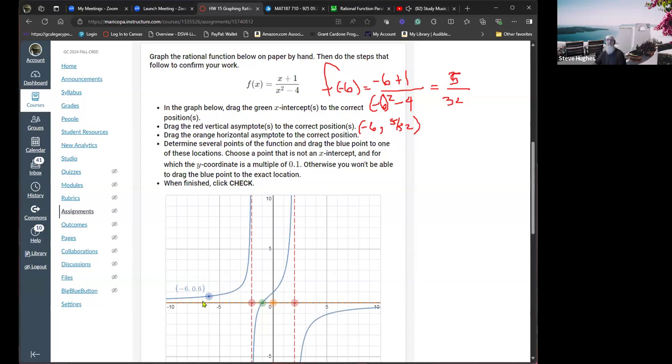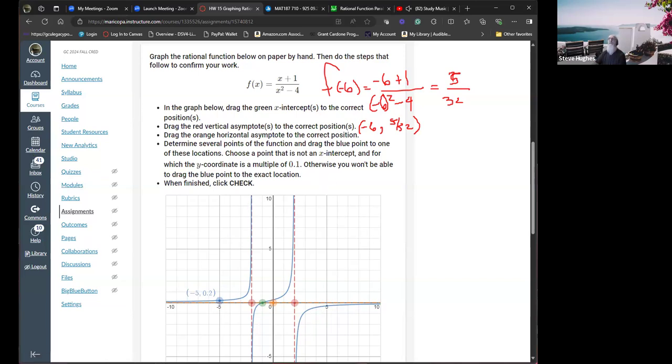What's 5 over 32 if I divide that out to the decimal? I may need to look for another point. It's really close to 0. All right. Let's try another point instead of that one, right?